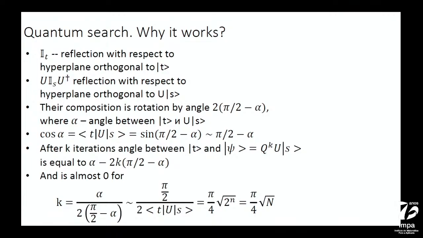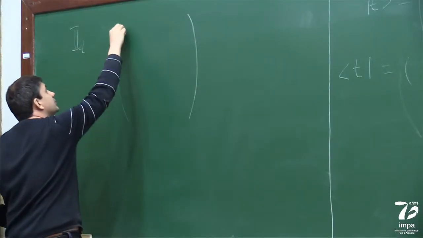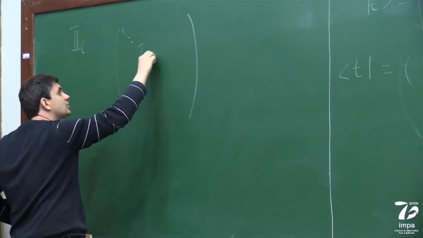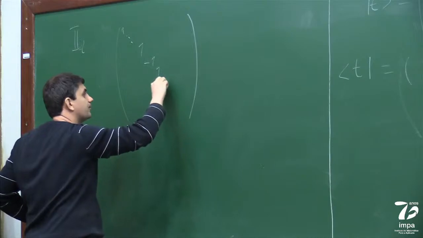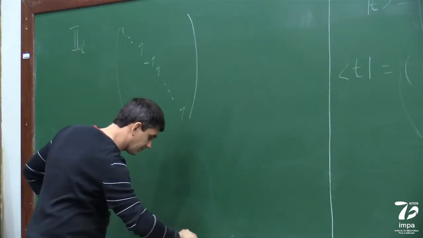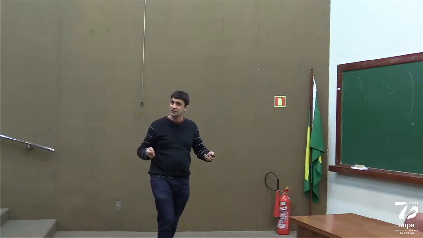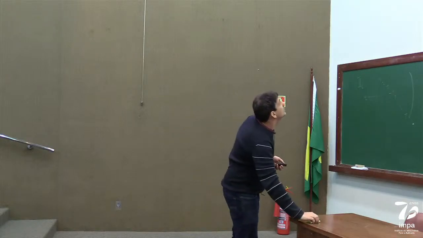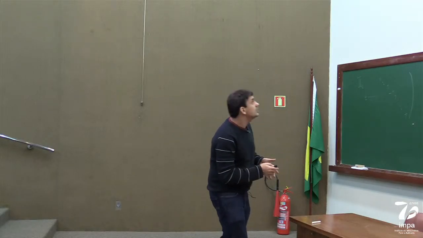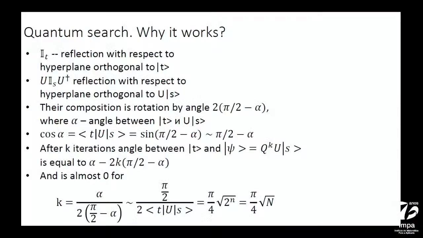It was a diagonal operator where everywhere is 0 except one of the places. But this is a reflection. The same thing is with IS, so it is a reflection with respect to another vector, S.